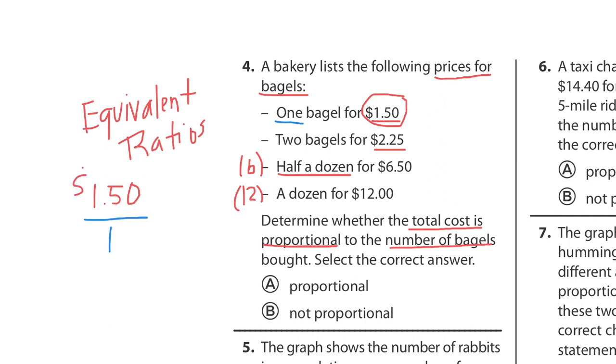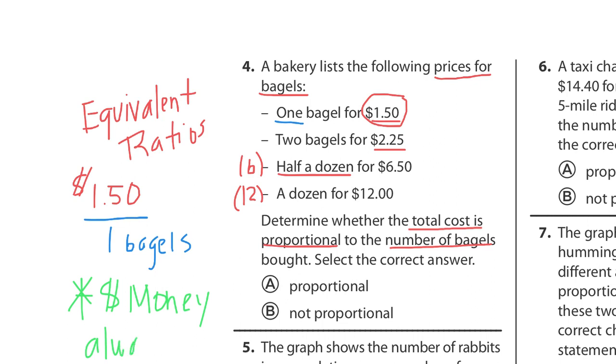So we have money over bagels. And in this video, I want you to take away that money always goes on top in our ratios. Okay? Goes on top.